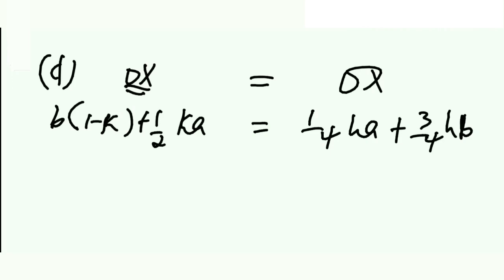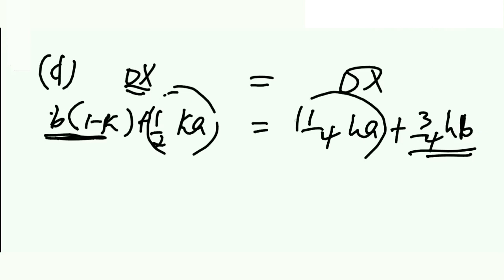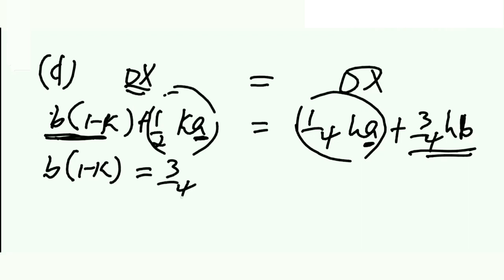Okay, then we have to collect like terms. This part is equal to this part. This is B, this is B, so these are the like terms. This is A, this is A, so they are the like terms. B, open bracket 1 minus K is equal to 3/4 HB.